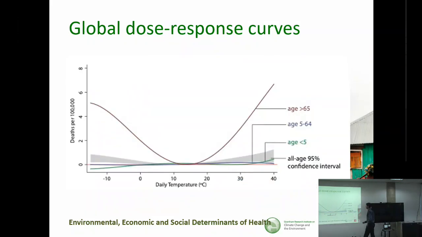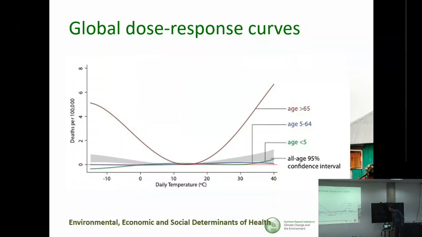What we see is that there are minor responses for most age groups, but for older people, there's a very strong U-shaped curve, just like what you would expect, where a single day at 30 degrees C is going to increase the deaths per 100,000 by about 5 deaths per 100,000.